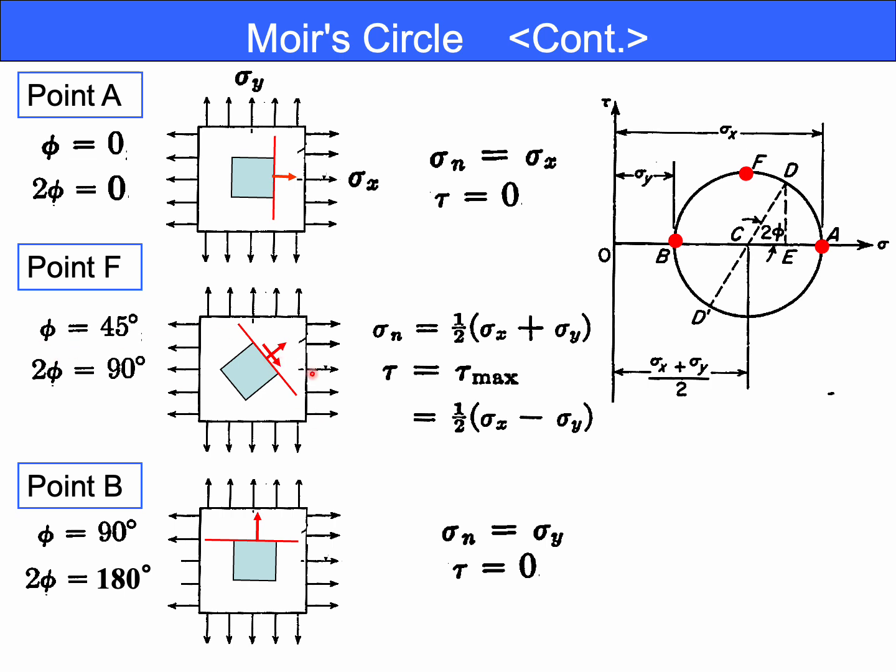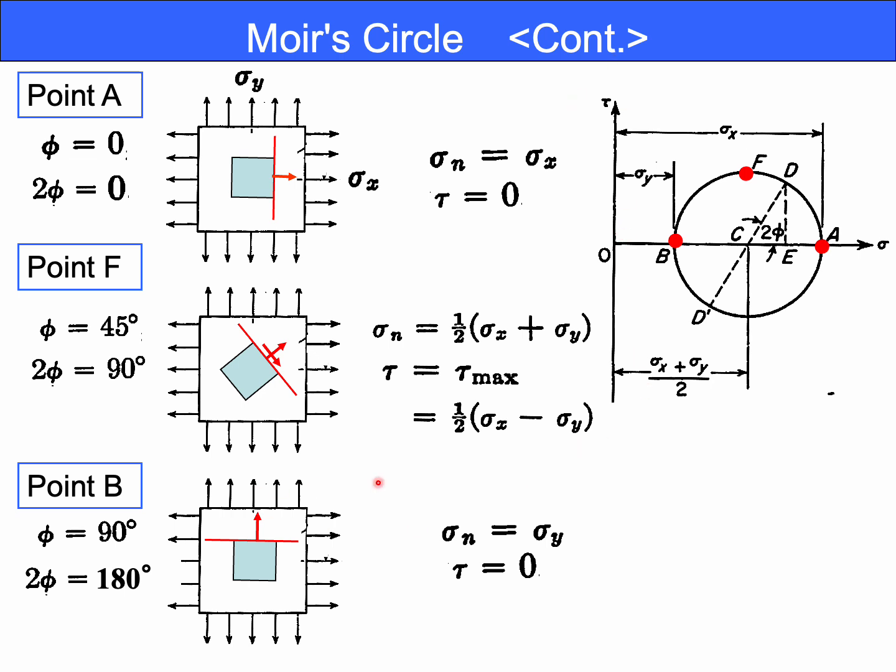On this plane, sigma equals sigma x plus sigma y divided by 2. That is the average stress. And tau becomes maximum, that is sigma x minus sigma y divided by 2. So at the center, we find that tau becomes maximum by looking at this circle.